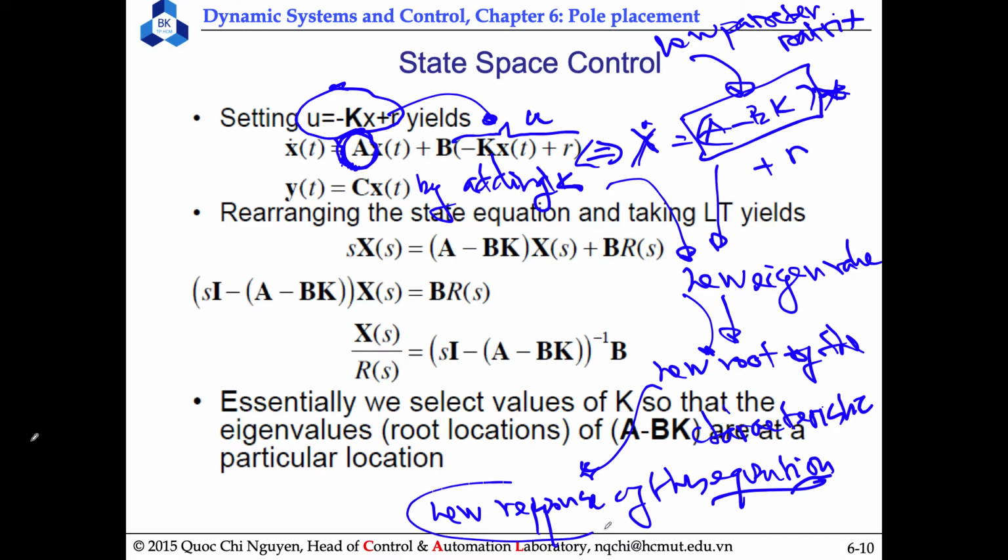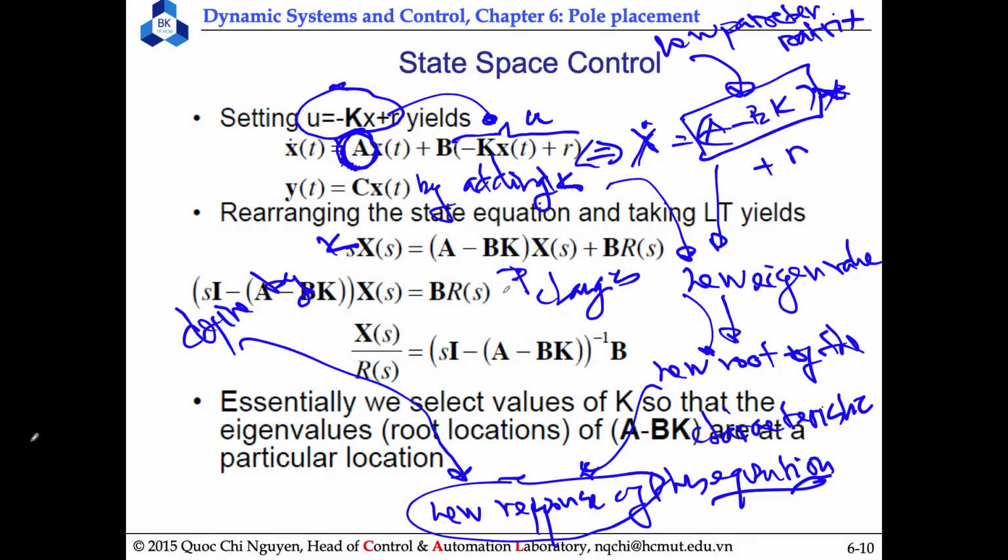So the new system response can be defined by K, right? Because if K is changing, the matrix is also changing, and by changing K we can change the eigenvalue, and we change the roots of the characteristic equation.